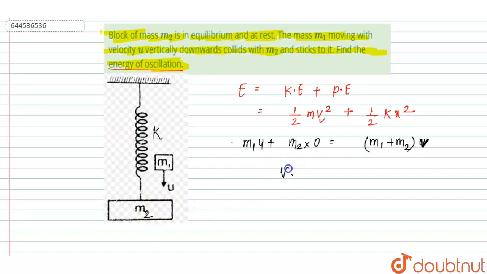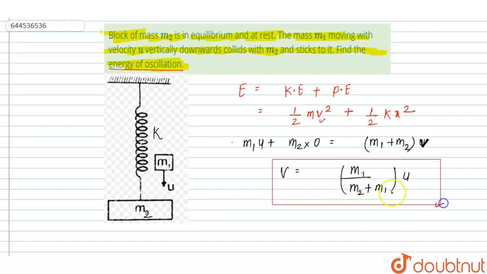That means v is equal to m1 upon m1 plus m2 into u. This is the final velocity when m1 sticks to m2.